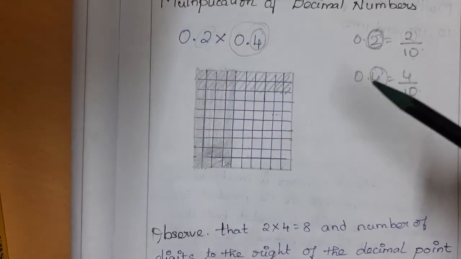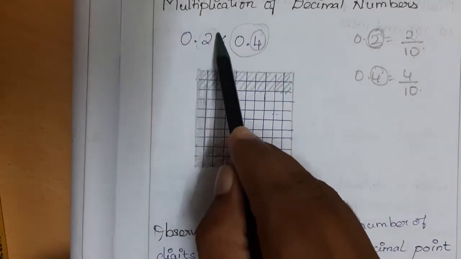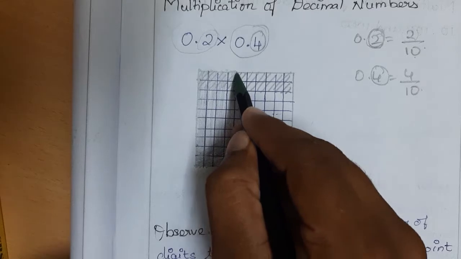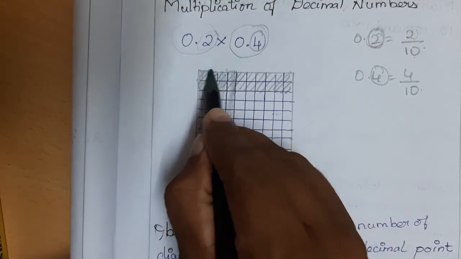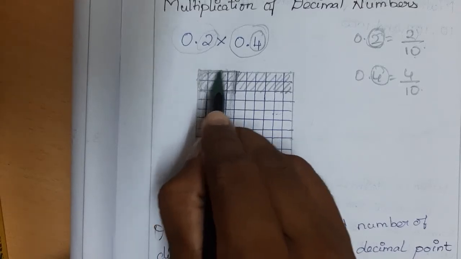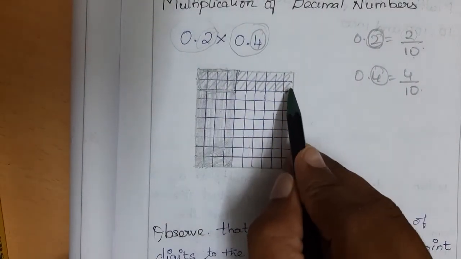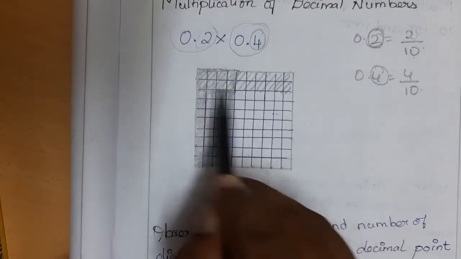So here I have shaded the 4 tenths vertically, and horizontally it represents the number 0.2. Now by multiplying, we can see which part is occupied by both. This part is occupied by both, right? So totally how many parts are here? This grid is a 100. You can see there is a 100 grid.